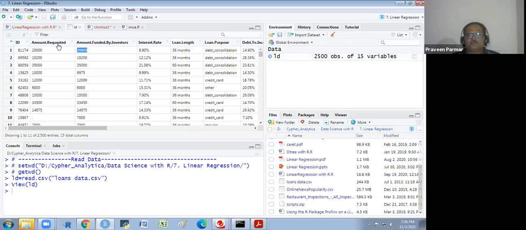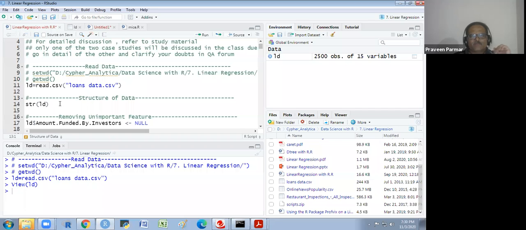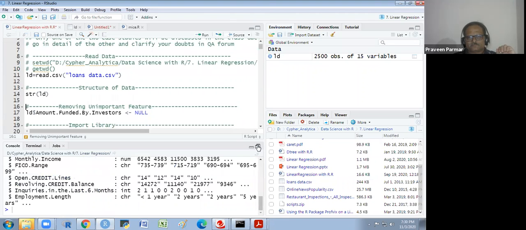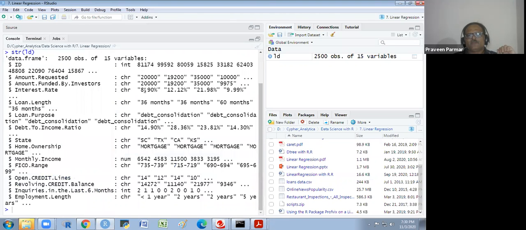So we remove this column. First we remove this column. So I will also show you the structure of this data. You see in the structure, there is an ID, it is an integer.